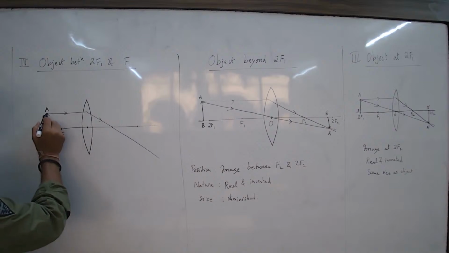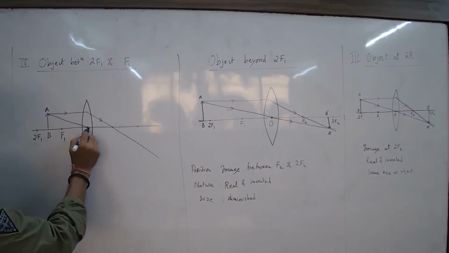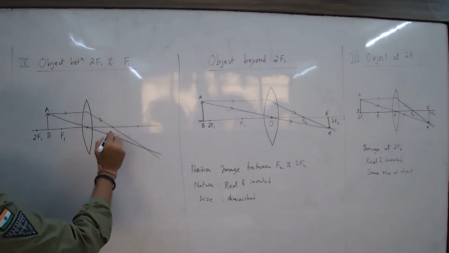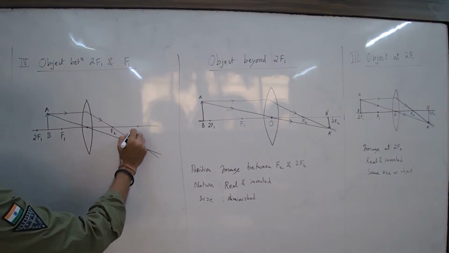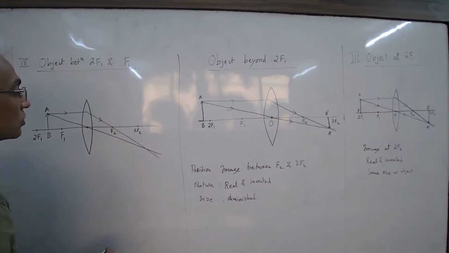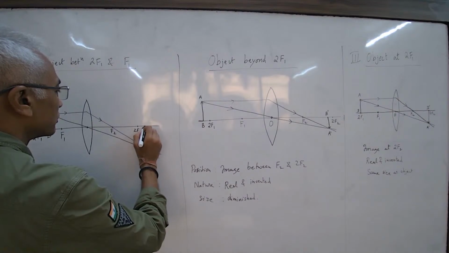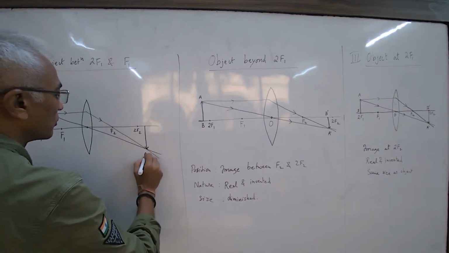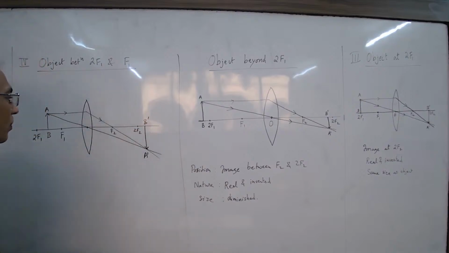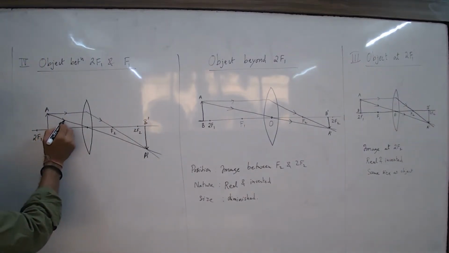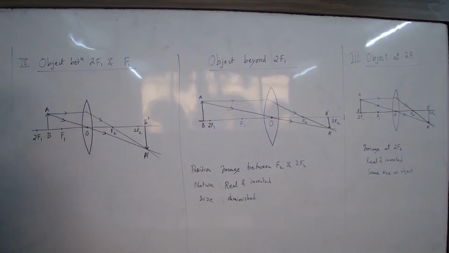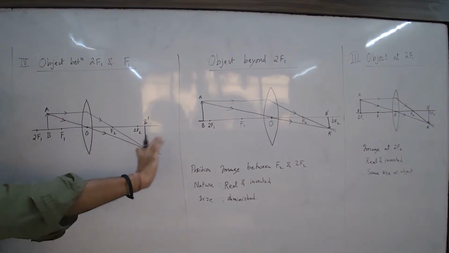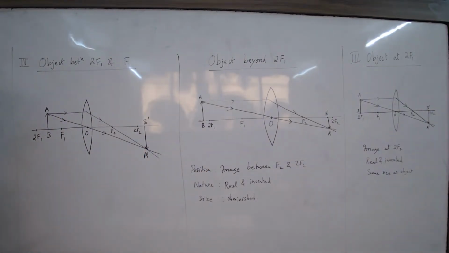Second ray from O. So the image we are getting is beyond 2F2. So as the object is coming closer, the image is going away and its size is increasing.